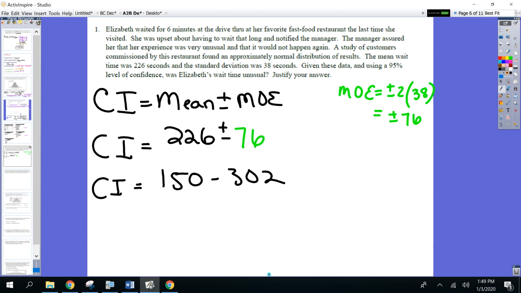Divide by 60? Oh, you want to divide this by 60? No, she waited 6 minutes, right? The 150 and 302 are in seconds. Okay, you're dividing these two by 60. I'm taking the minutes and putting them into seconds.